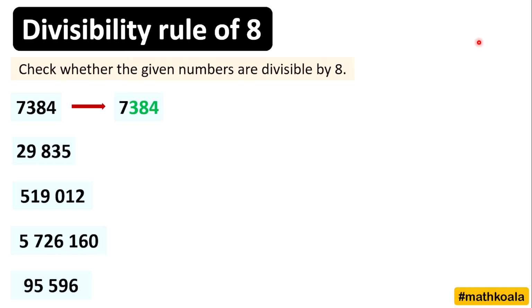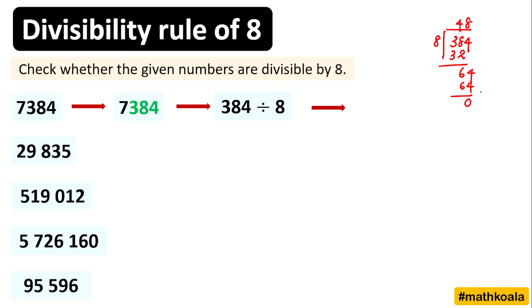According to the rule, we can divide 384 by 8. 8 times 4 is 32. 38 minus 32 is 6. 64. 8 times 8 is 64. 64 minus 64 is 0. So, 384 is divisible by 8 without a remainder. Therefore, 7384 is divisible by 8 without a remainder.